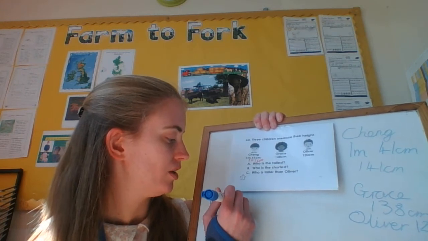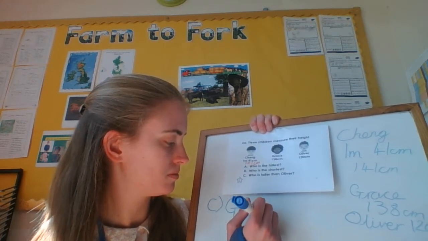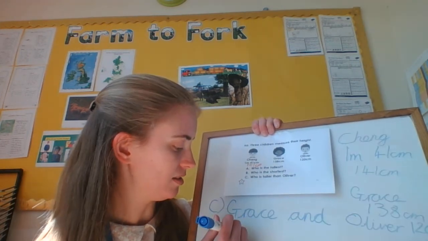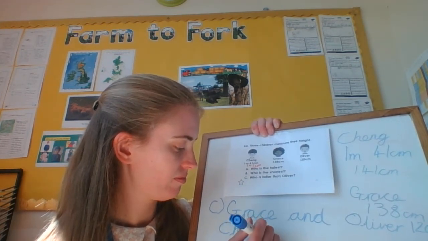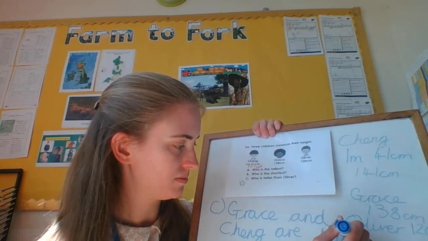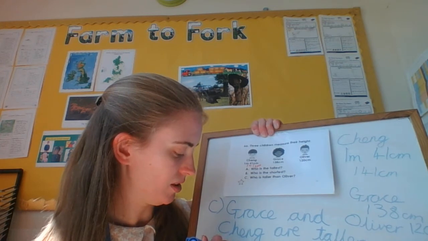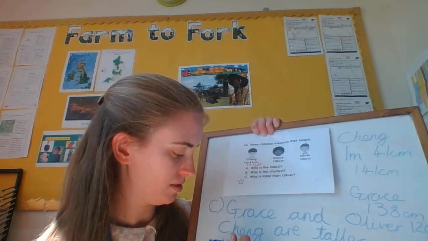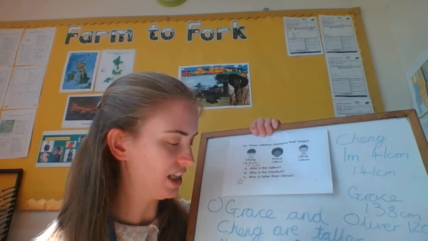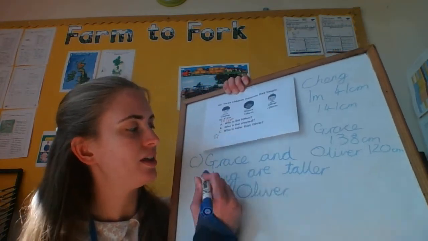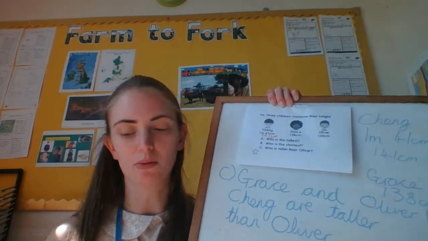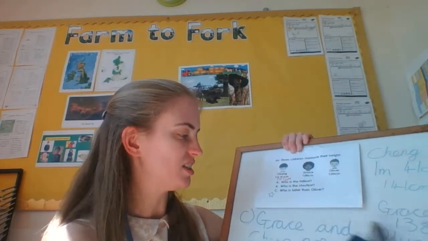So Grace and Cheng are taller than Oliver. Making sure my sentence has a capital letter and a full stop, and all the names have a capital letter because they're proper nouns. They need a capital letter. Right, so that's that question done.